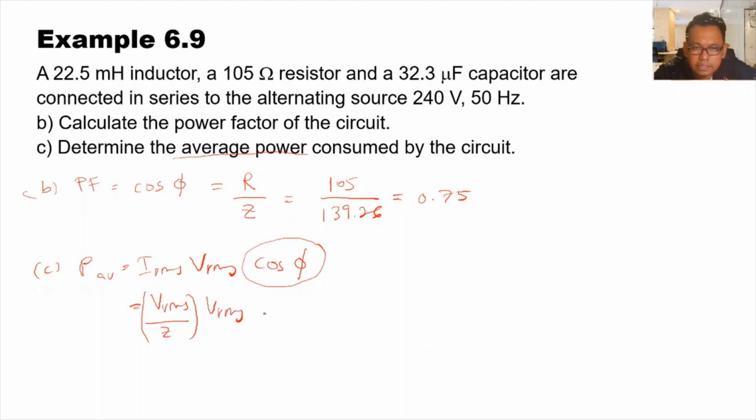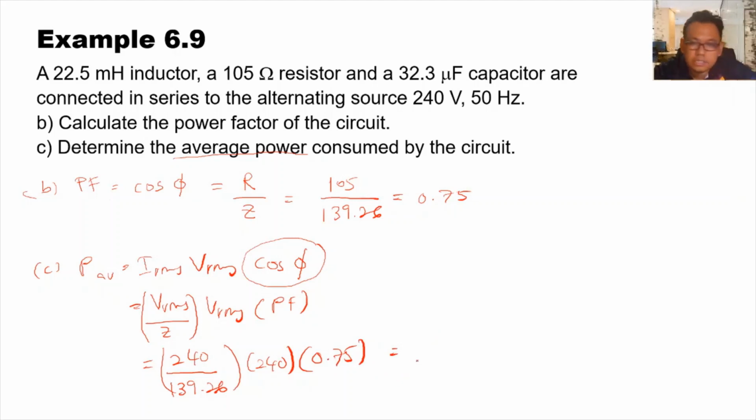So we substitute all the values: 240, the impedance I calculated just now, 139.26, times 240 and 0.75, and get the answer 310.21. The unit is watt.